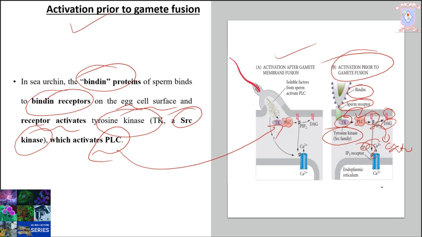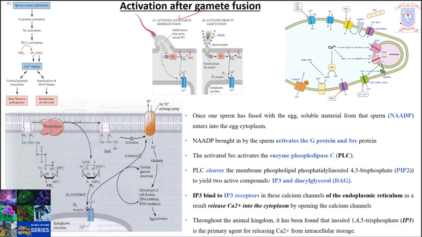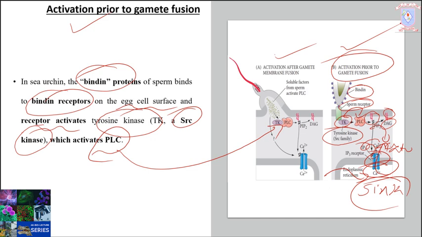IP3 opens the calcium channels of the endoplasmic reticulum, which is the calcium depository of the cell, and calcium efflux from the endoplasmic reticulum into the cytoplasm occurs. This is all about the activation prior to gamete fusion by binding protein with the sperm receptor.